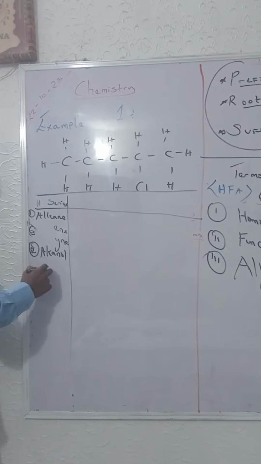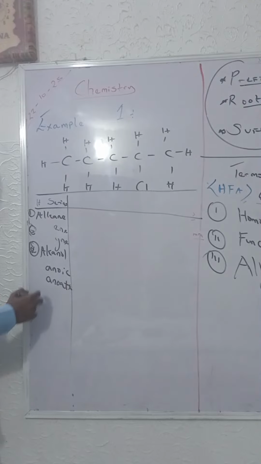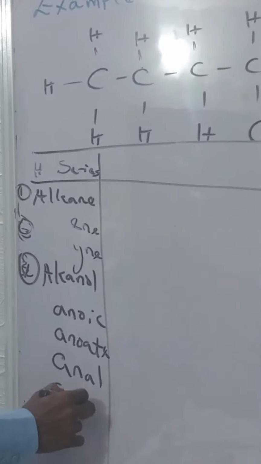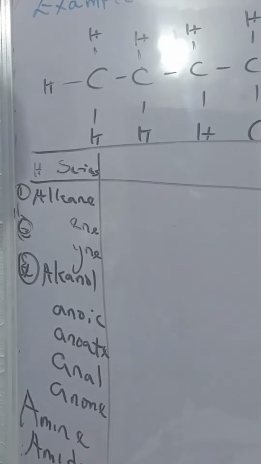Number five, alkanoic acid. Alkanal. Alkanol. Amine. Amide. Let me add one or two more. Okay, let's stop here. Amine and amide.